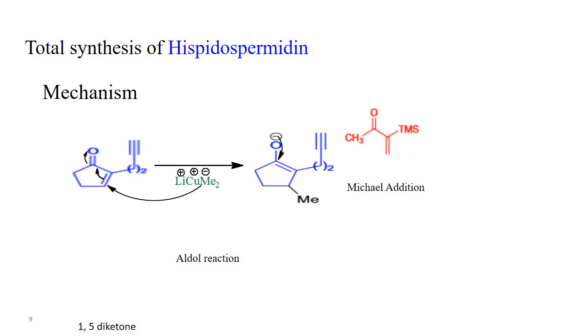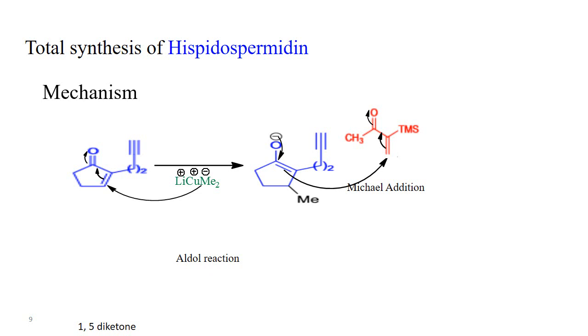That is the product of the Robinson annulation reaction. First step is the formation of enolate, then addition of enolate to the alpha beta unsaturated ketone, and this addition of the enolate to the alpha beta unsaturated ketone is the Michael addition reaction, and as a result of the Michael addition reaction, 1,5-diketone product is formed.